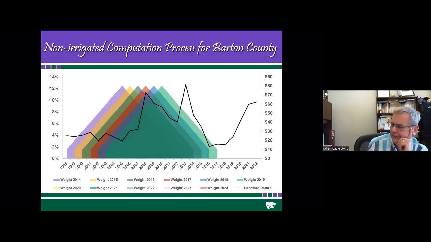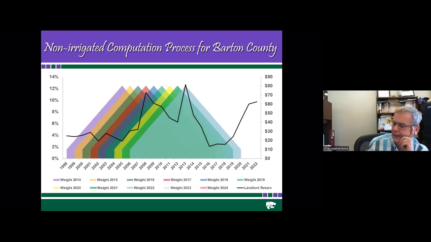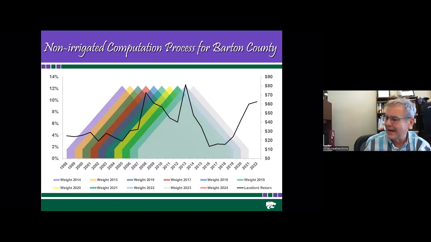And again, we just begin to move forward. You can see, for example, that 2008 is getting less and less weight as we're more current. The 2013 is getting more to the peak. And in 2022, the high income of 2013 essentially was on the peak. And now that number is carrying less and less weight.